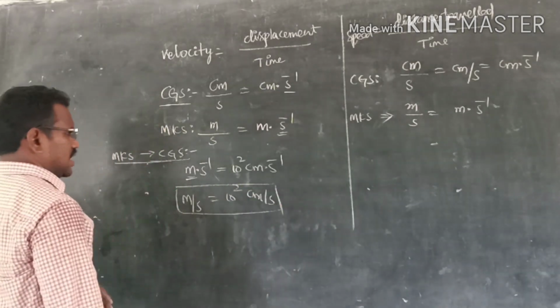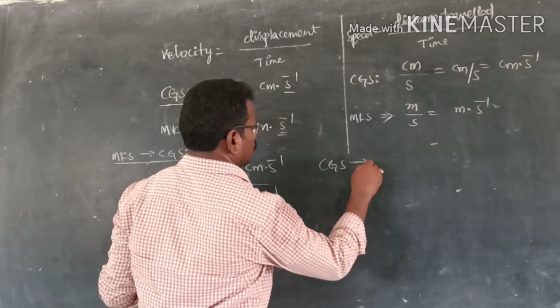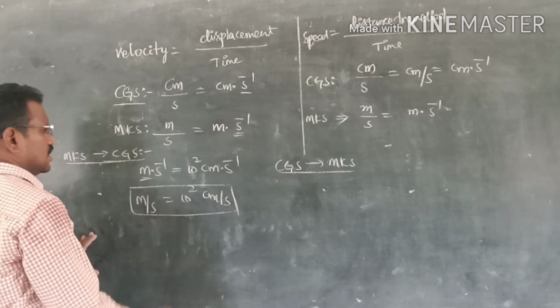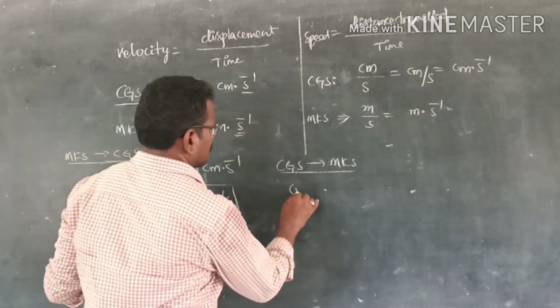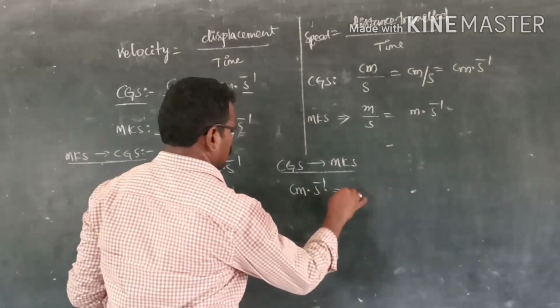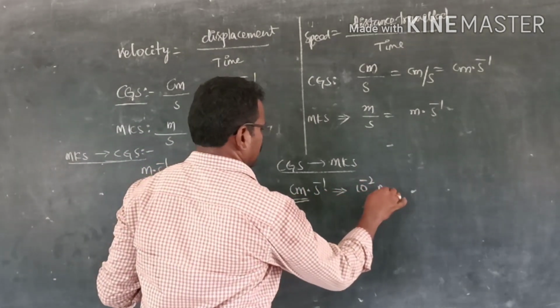Now we are going to derive the relation between the CGS unit and the MKS unit. CGS to MKS: the CGS unit is centimeter second power minus 1, which is equal to 10 power minus 2 meter.